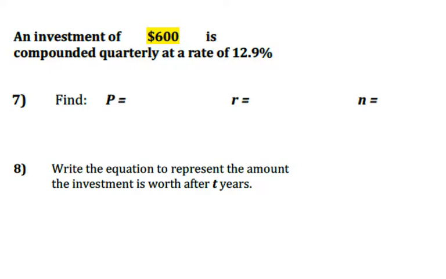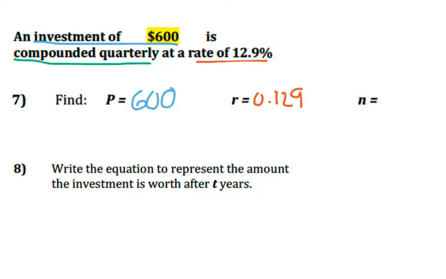So let's begin with P. Well, we know that we invested $600, so that would be our P. Then we know that the rate is our percentage, so the rate is 12.9%, or as a decimal, 0.129. And N is the number of times it's compounded in a year, and it's compounded quarterly. And there are 4 quarters in a year, so N is 4.